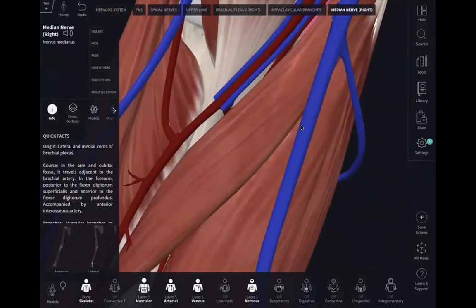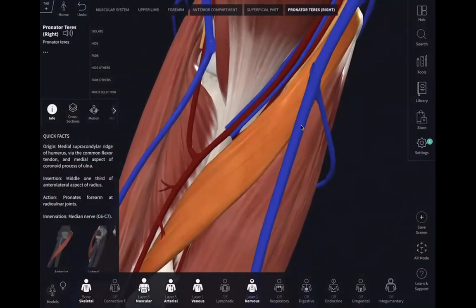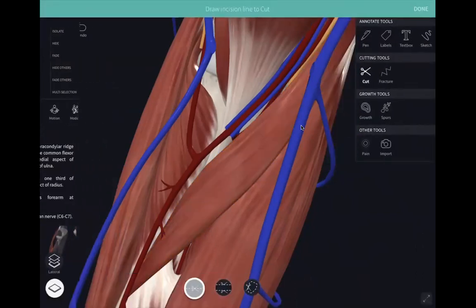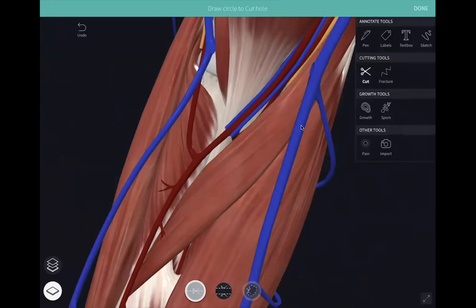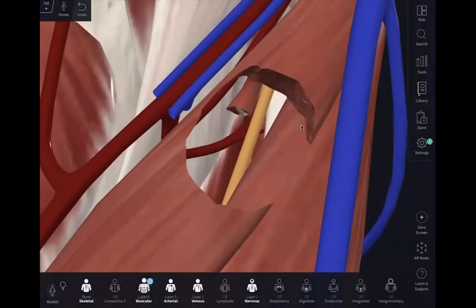Now this is the pronator teres muscle. What we need to do is simply cut through it in order to see this separation. So let me just cut here. Now, can you see through this area? There is the origin. This is the pronator teres.